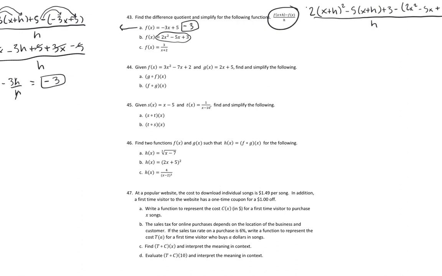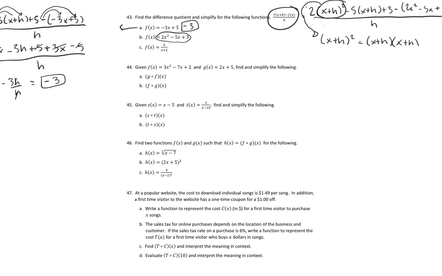So then we can start simplifying. Let's look at this term really quick, and bring it over here. So x plus h squared is not the same as x squared plus h squared. We know that that's going to be equal to x plus h times x plus h.